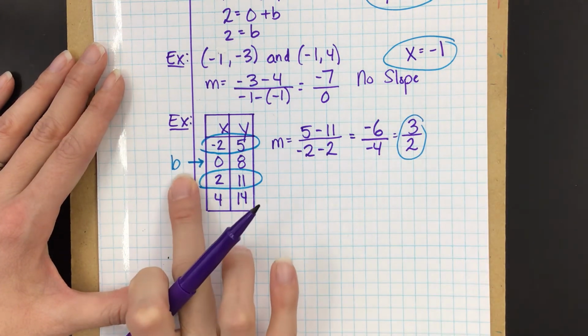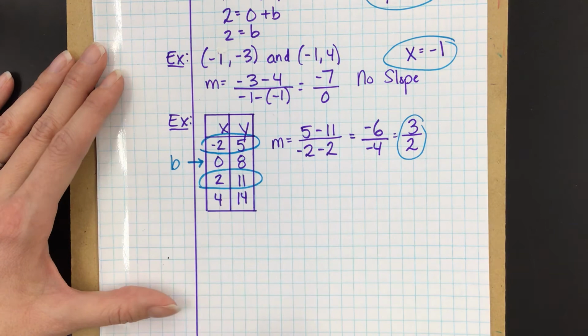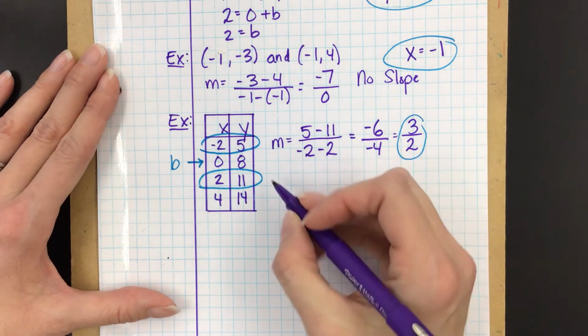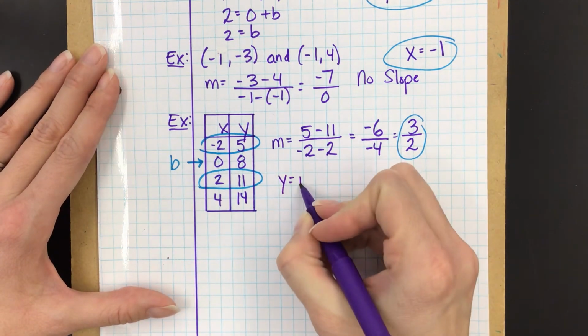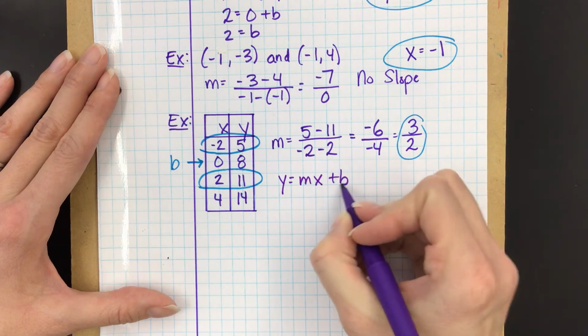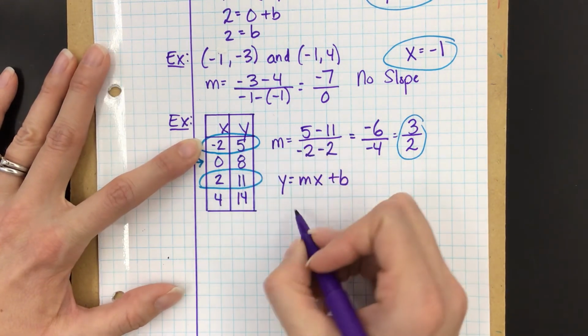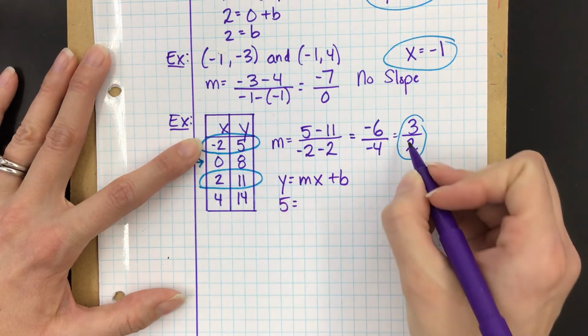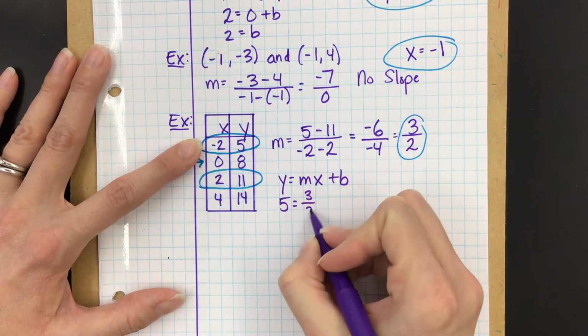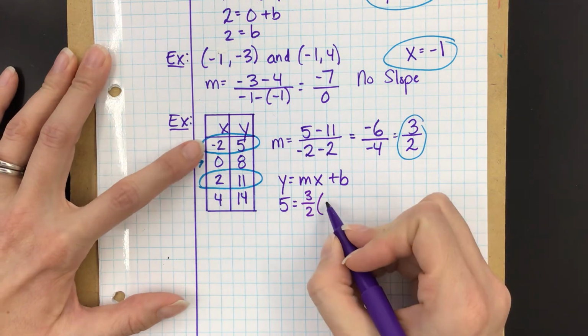Now we need to find the y-intercept. We're going to assume that that wasn't there, but we know it should be 8. So I'm going to do y equals mx plus b and plug everything in. I'll use that first point. So my y is 5, my slope is 3/2, and my x is -2.